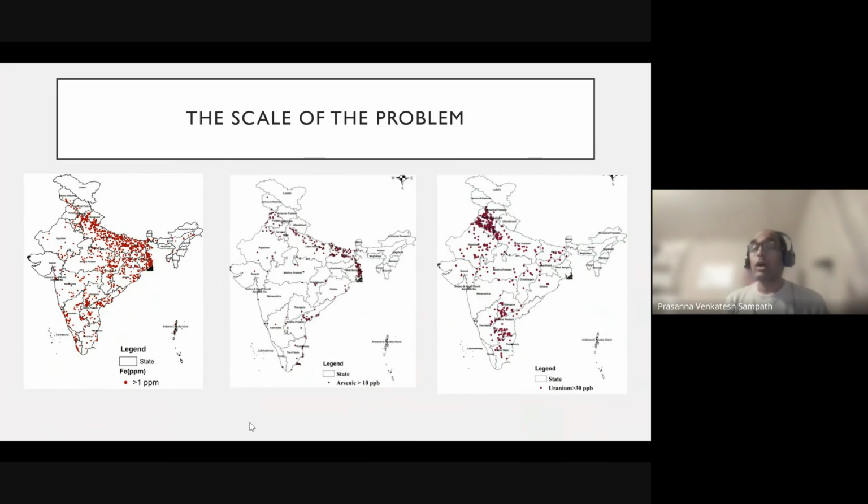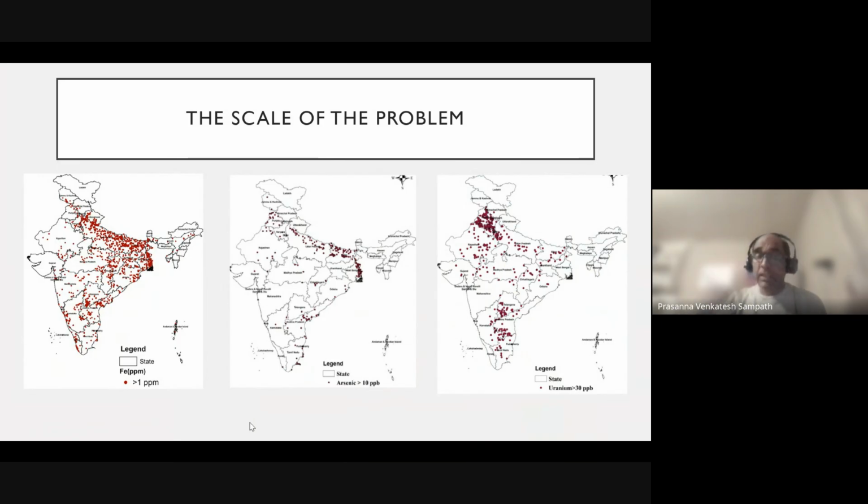Okay, now arsenic contamination again seems to be observed in the Gangetic Plain, right? You see UP, Bihar, and then West Bengal. Bangladesh is not shown here, but Bangladesh is well known around the world as a place where there is significant arsenic contamination in the groundwater.